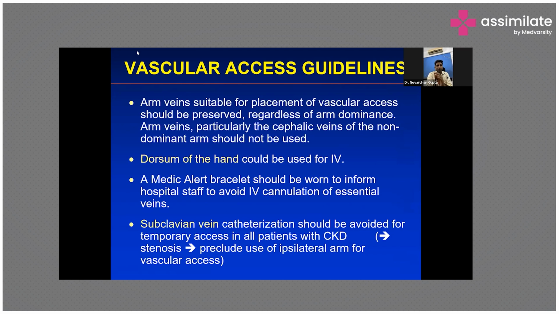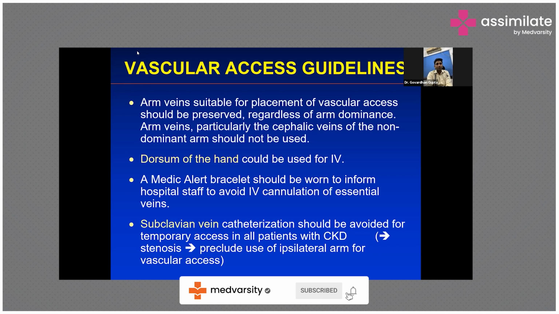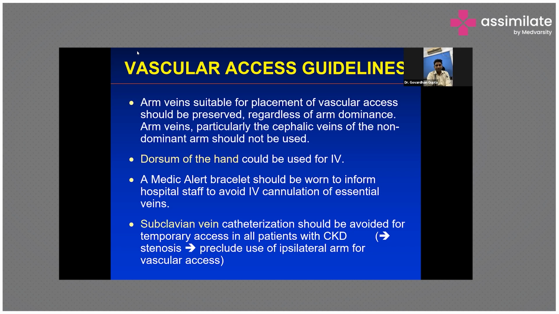When the person reaches ESRD stage, some guidelines are there. They are basically famous among nephrologists, but even non-nephrologists should know that when the GFR is too low, his or her non-dominant arm should be set aside. It should be preserved for a future AV fistula or AV graft, whichever is applicable.